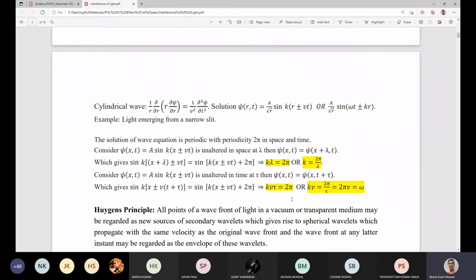Cylindrical wave equation, that is 1 by r del r, r del psi del r, equal to 1 by v square del square psi del t square.